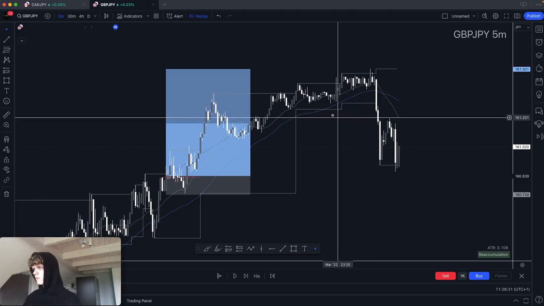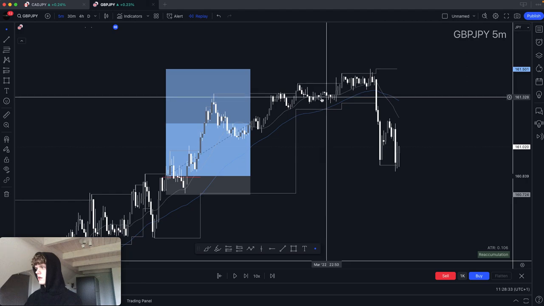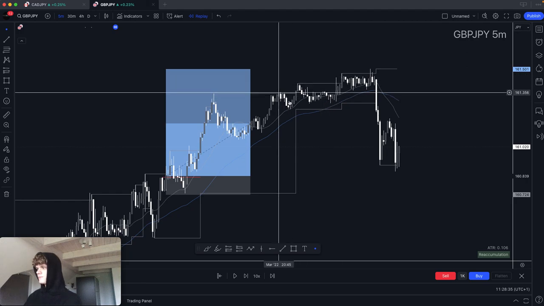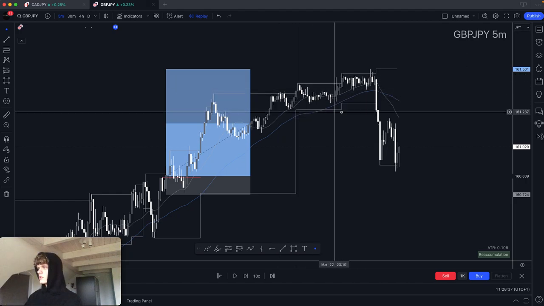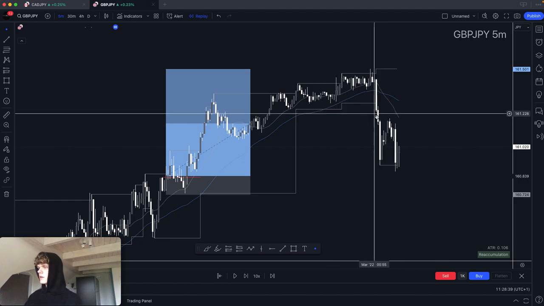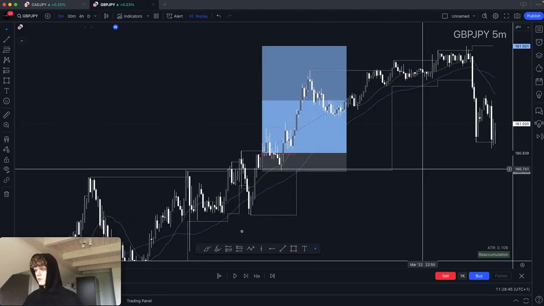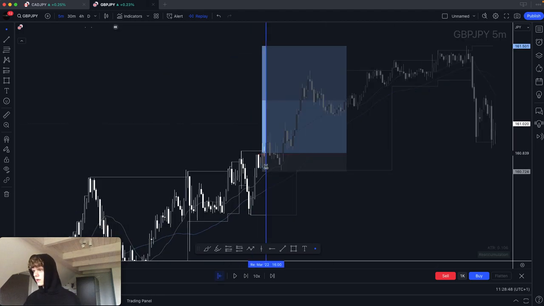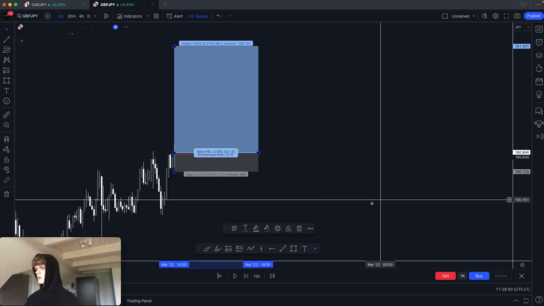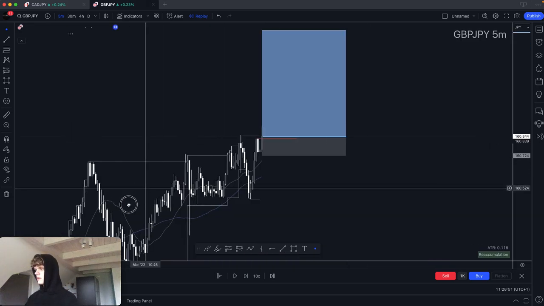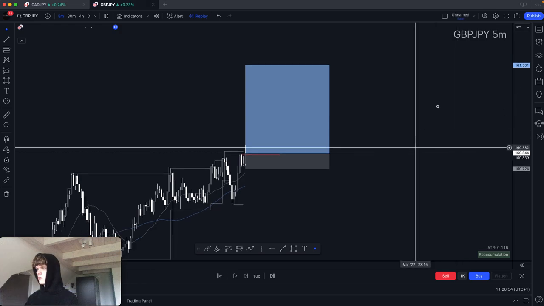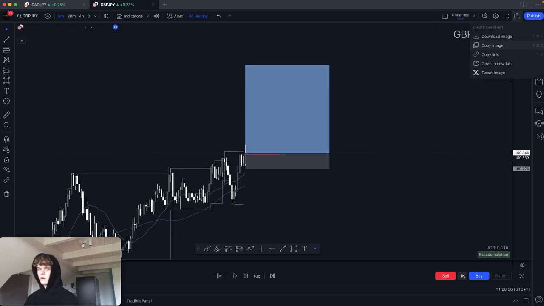So my stop would have moved at this break here, below this low, so we would have been taken out there for the rest of our position. So I'm going to take a picture here now for my before picture, just like that. Before, copy image.